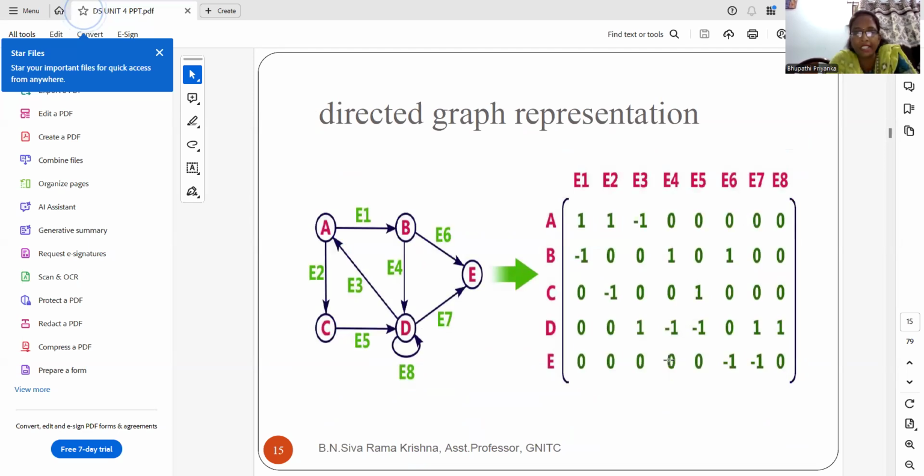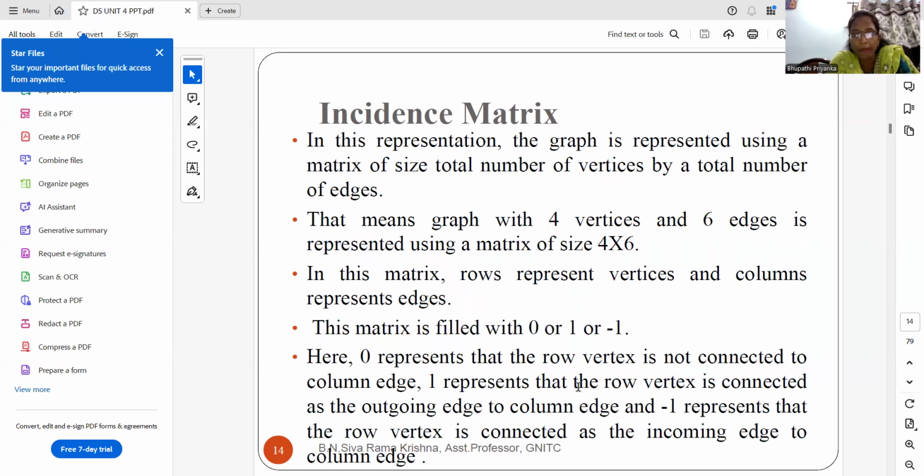This is a directed graph, and here we are representing it with the vertices A, B, C, D, E and edges E1, E2, E3, E4. A to E1, we are taking it as 1 because that is outgoing. Sorry, 1 represents that the row vertex is connected as an outgoing edge to the column edge.